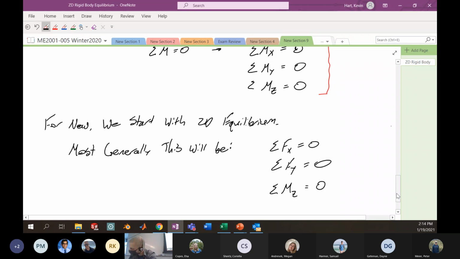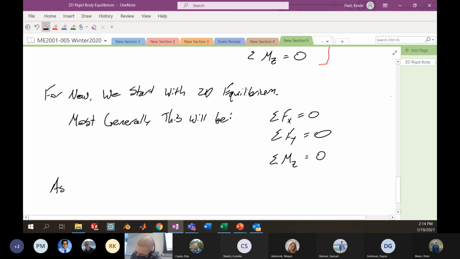Well, remember that the moments we generate is something like r cross f.